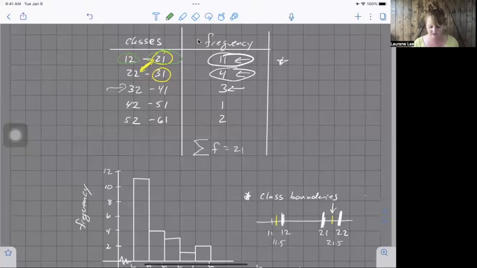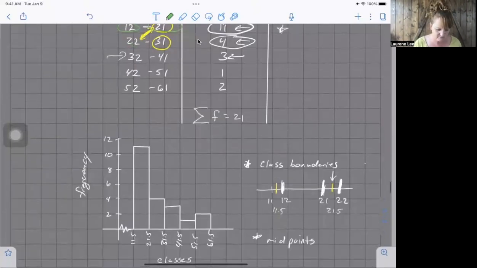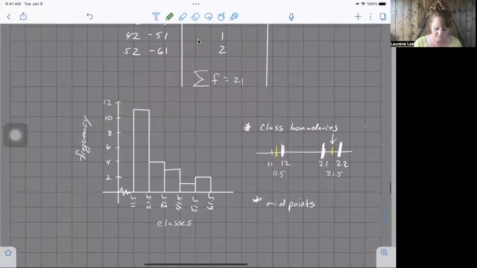They're finding the average. So for a class midpoint you go 12 plus 21 divided by 2. If we do that, this is going to be 16.5. This is my midpoint for my first class. So that's how you're going to label it.